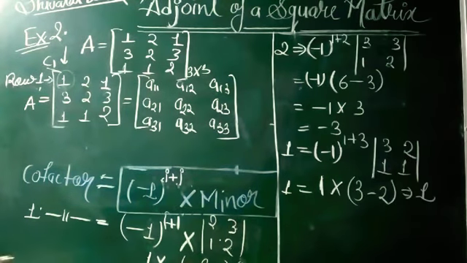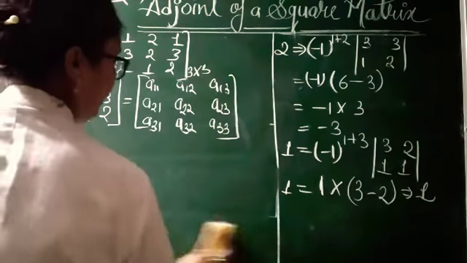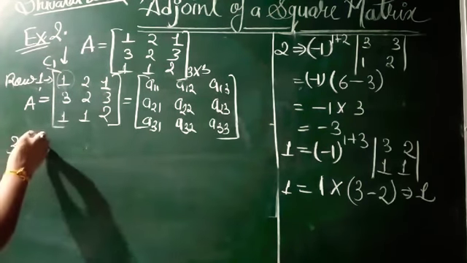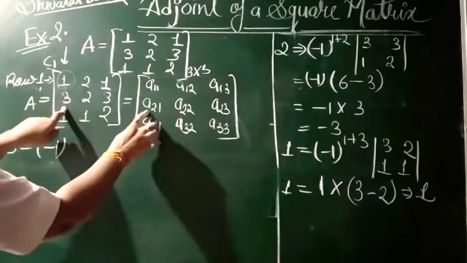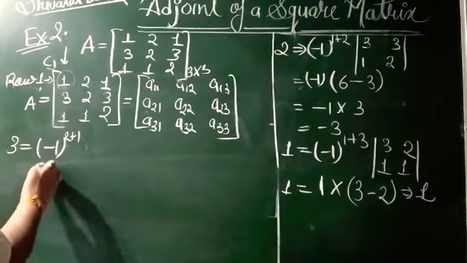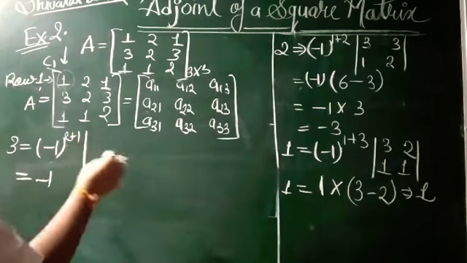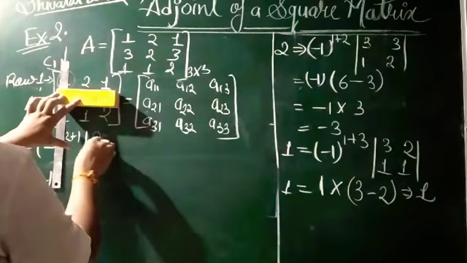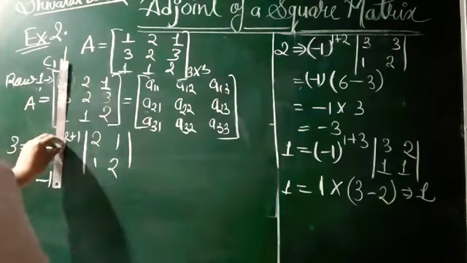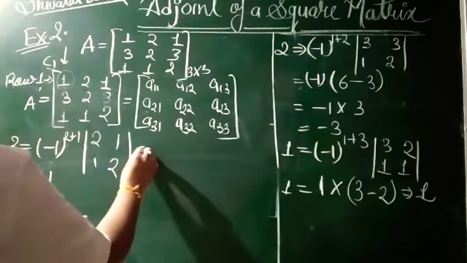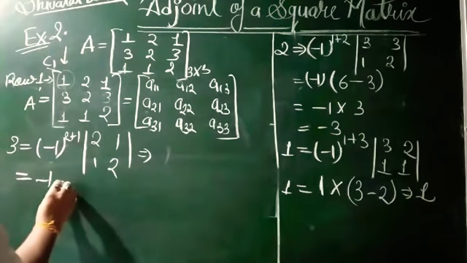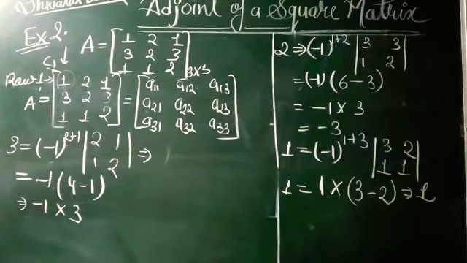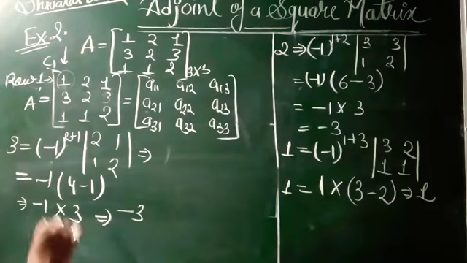Okay. Now we need to find cofactor of 3. So here you see place of 3, 2 plus 1, it will become minus 1, and here you see 2 1 1 2. It will become 2 2s are 4 minus 1. That means minus 1 multiply 3. It will become minus 3.